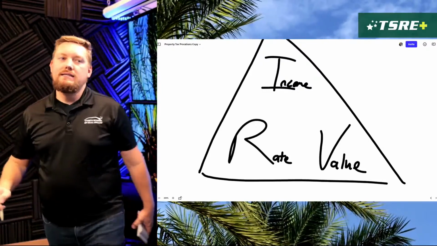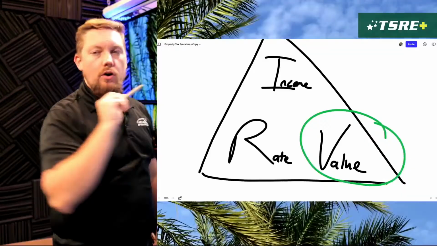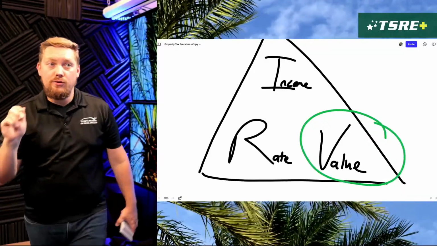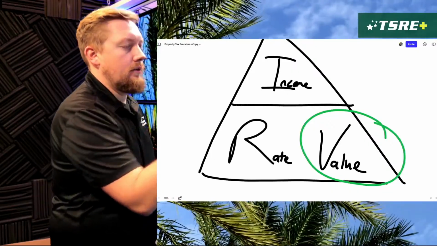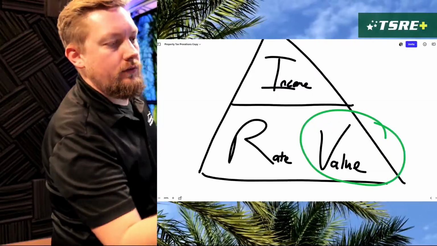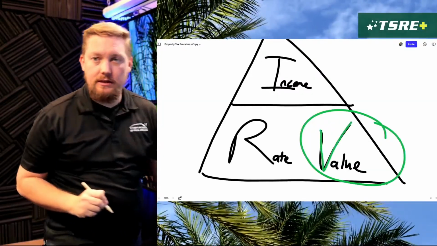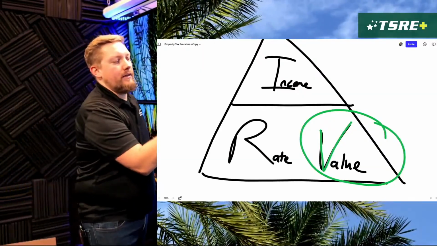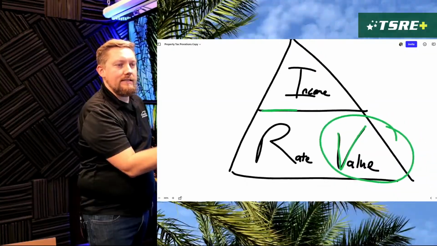Income, rate, and value. And in this case here, we're ultimately trying to find the value of the property. And so when you circle what you're looking for, in this case, the value, what you're left with is income over rate.